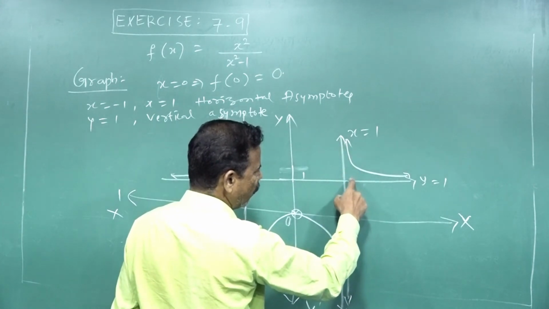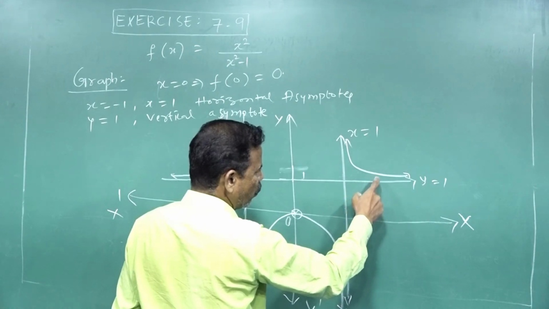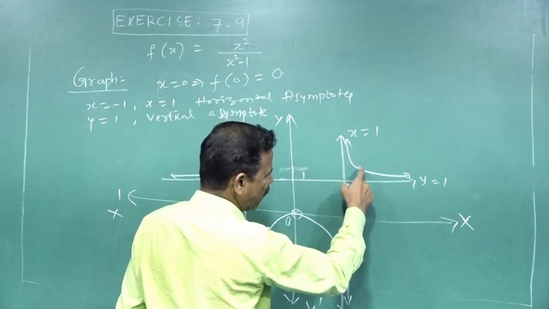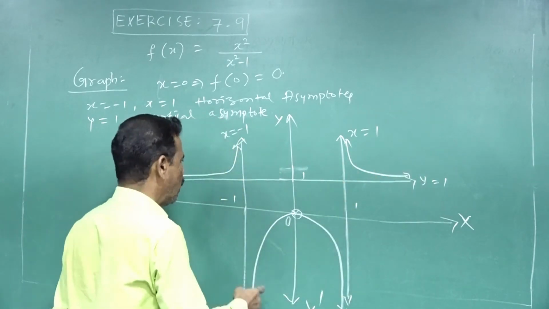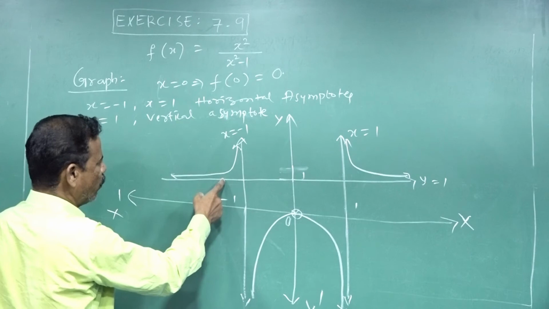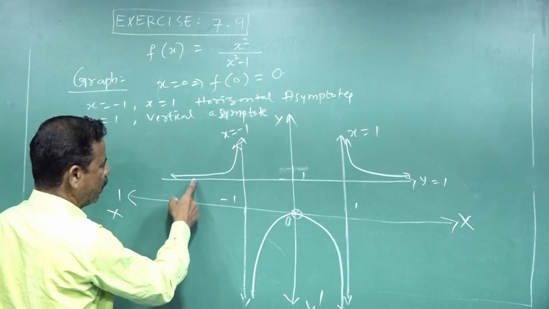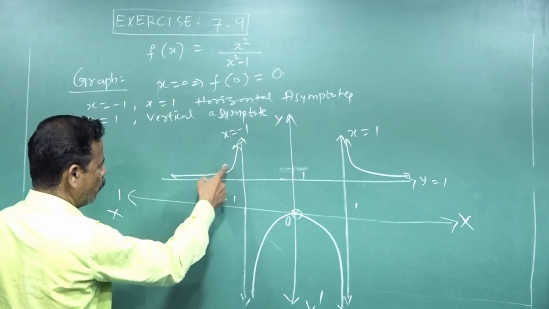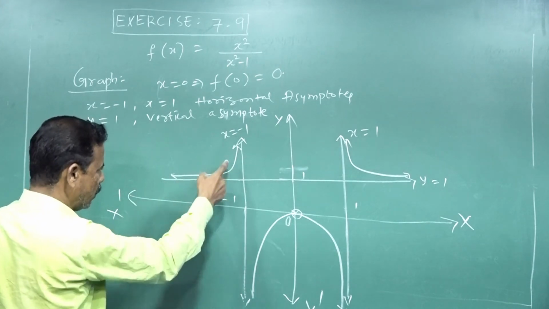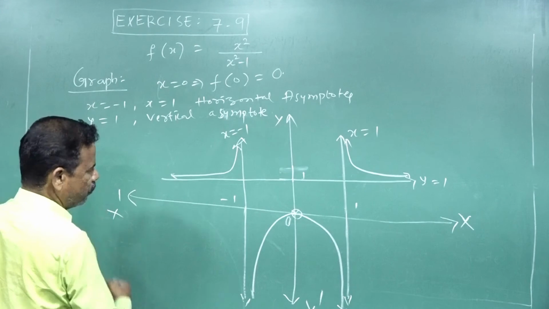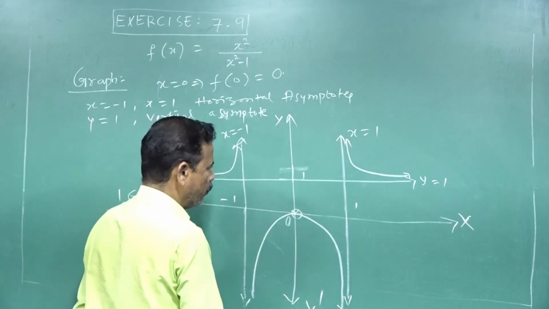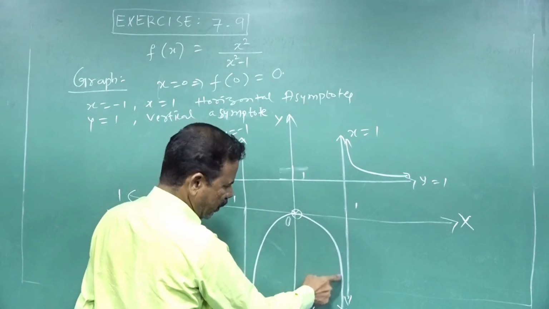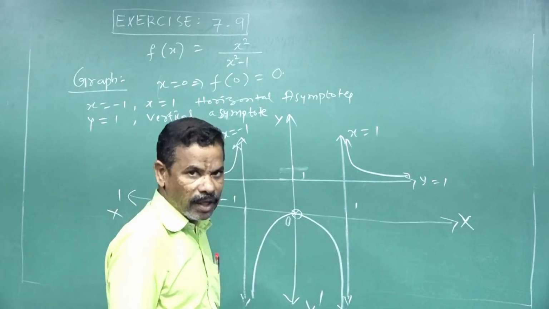After that take values 1.1, 1.2, 1.3, 2 like that, and it is decreasing inwards. Also check minus 1.1, minus 1.2, minus 1.35, minus 2, minus 3 like that. If you give negative values, it is a decreasing curve. In this also take 1.2, 1.3, 1.5, decreasing downside up to infinity according to the values.